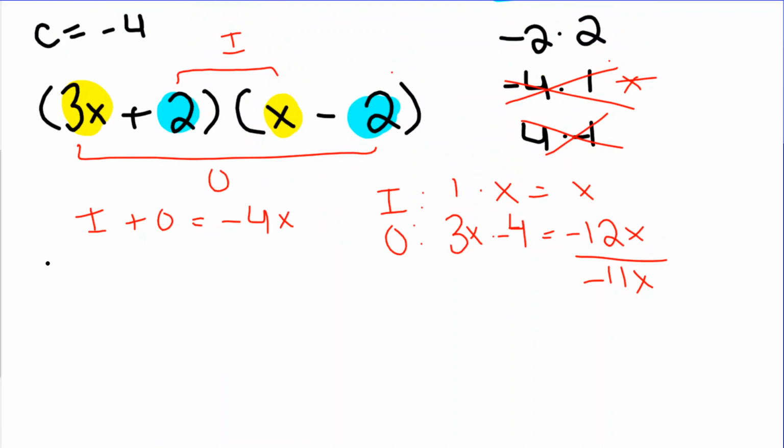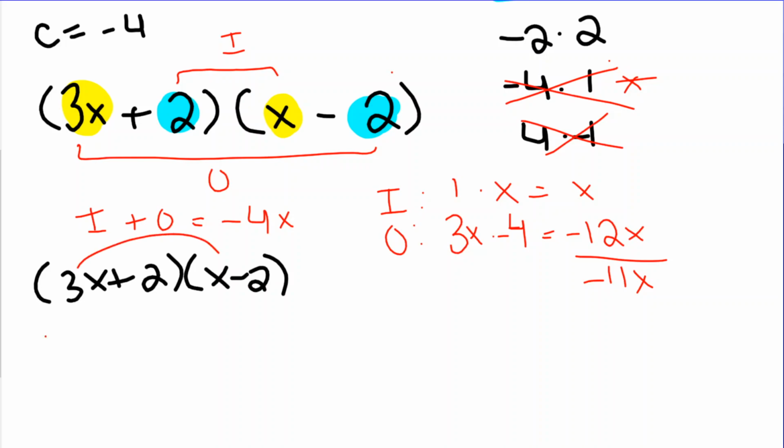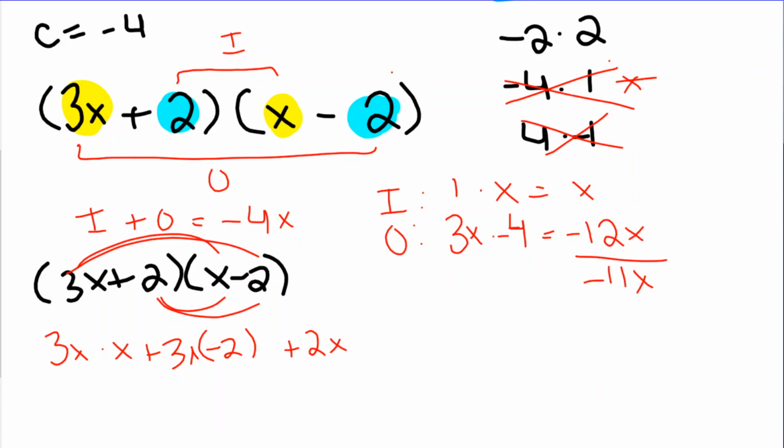So if I'm starting with 3x plus 2 and x minus 2, I'm going to make sure that as I distribute, multiply 3x times x and 3x times -2 and 2 times x and 2 times -2, that I get back to where I started.